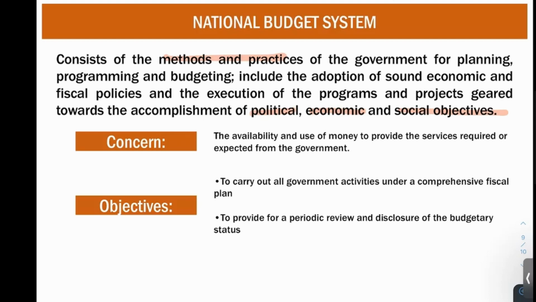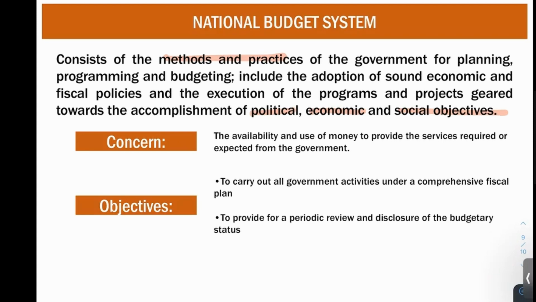Therefore, budgeting under our national budget system is not only purely fiscal in nature, it must always be geared towards the development of our economy, whether that is only the economic factor, but also social factors and political factors.